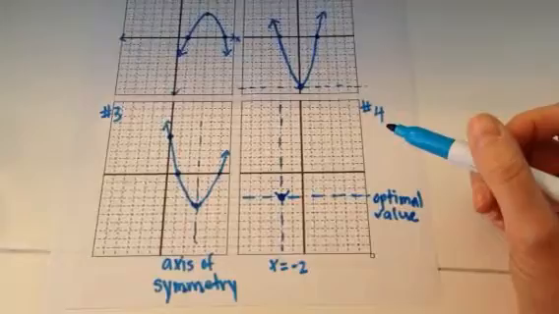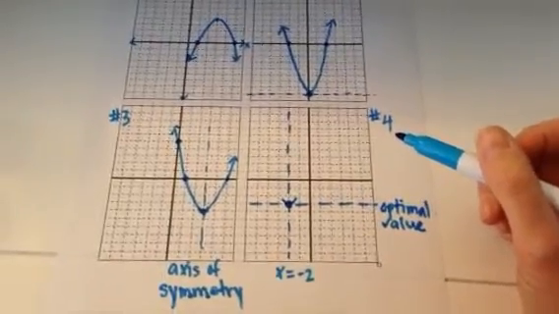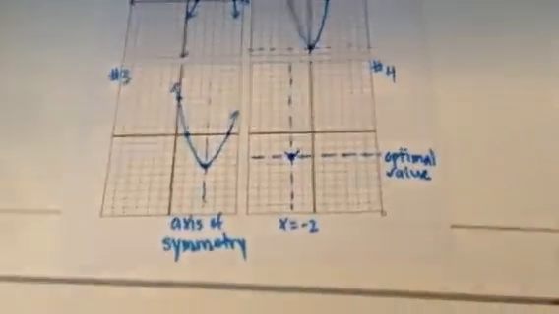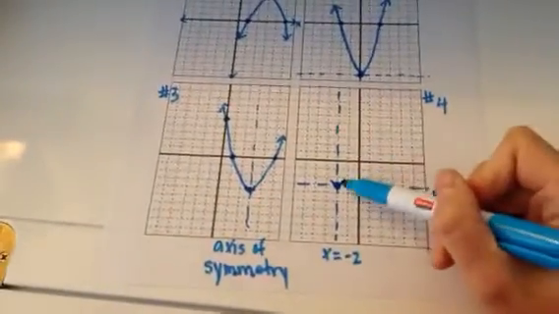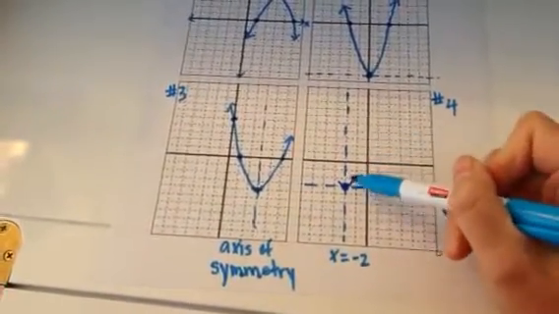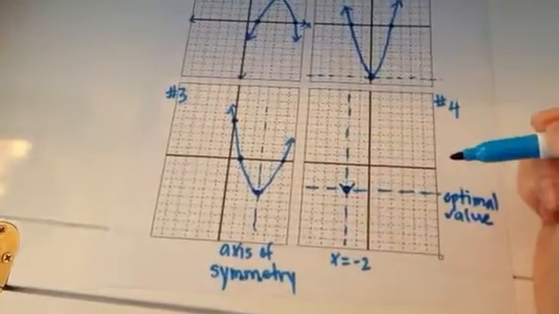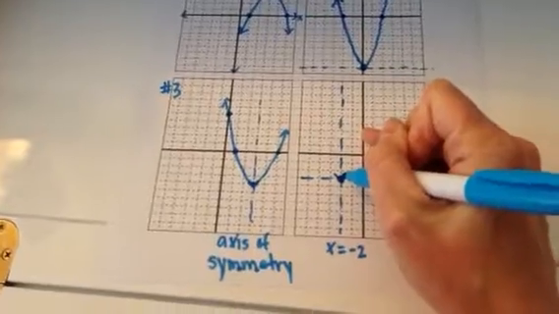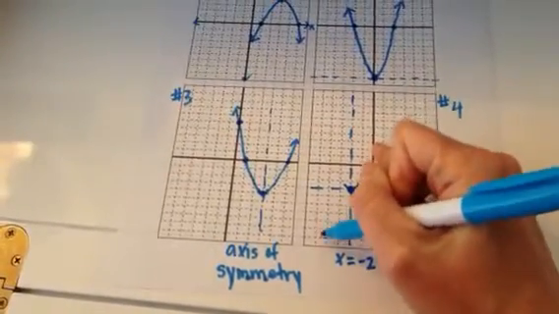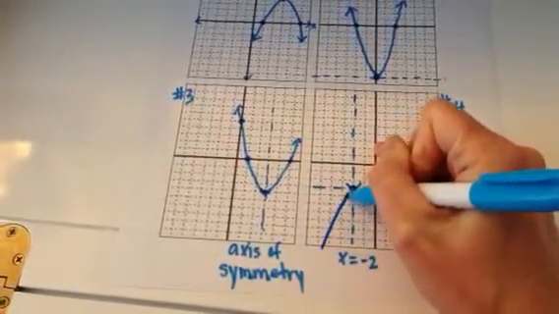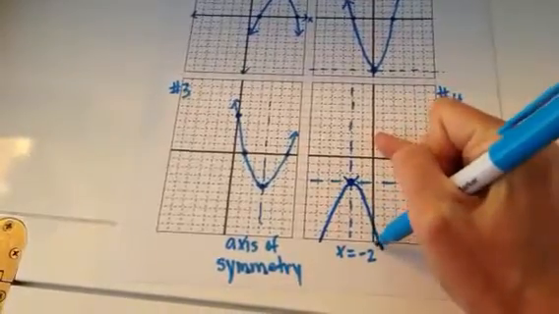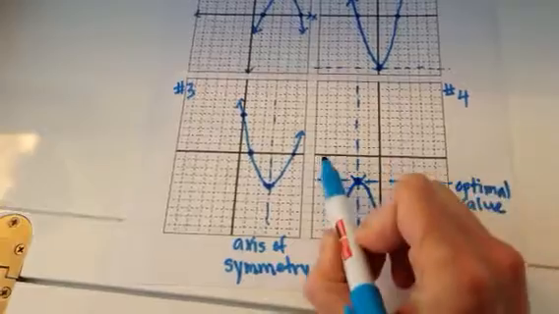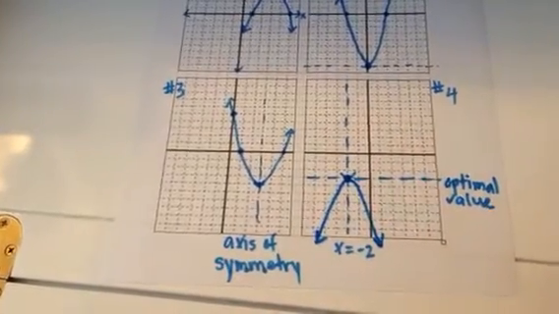Oh, actually, sorry, I spoke too soon, because then it says the parabola has no zeros. If the parabola has no zeros, that means it's not going to cross the x-axis. So it's going to be pointed downwards then. If it opens downwards, it will never cross that x-axis, and therefore it will have no zeros.